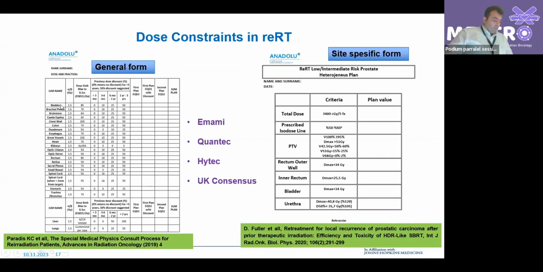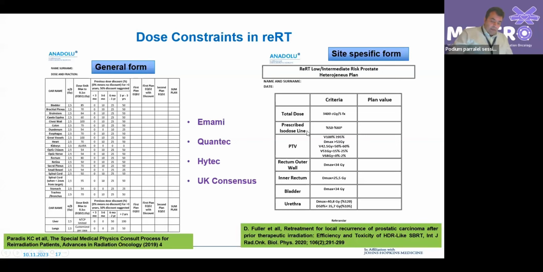It's a very good form because it formalizes re-irradiation, and it gives you a dose reduction according to the time between the 2 irradiations: lower than 3 months, between 3 and 6 months, between 6 months and 1 year, and between 1 year and 3 years. So it gives you information about the discount, which is very important for me because I can use this table. I will give you one example about our cases.